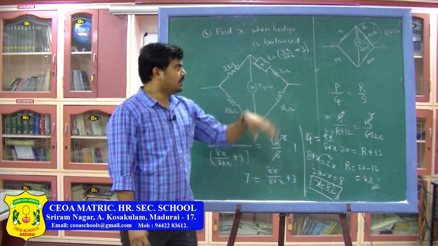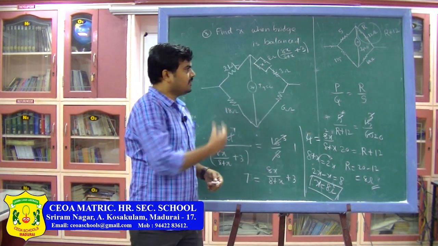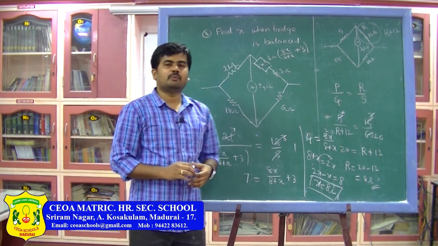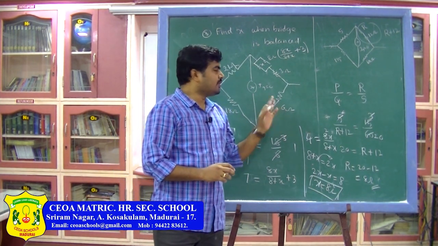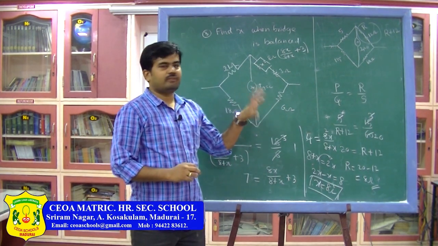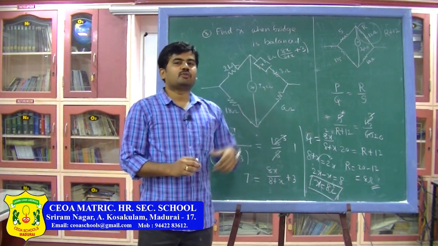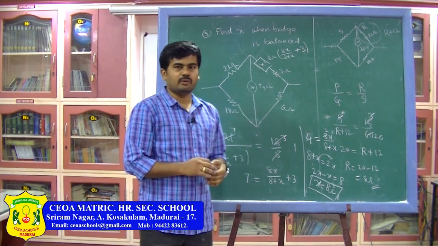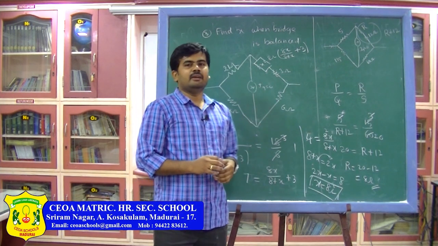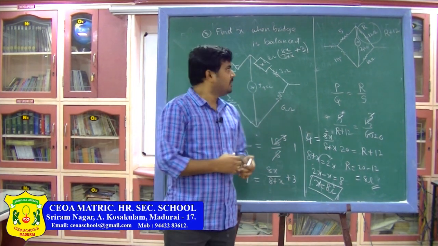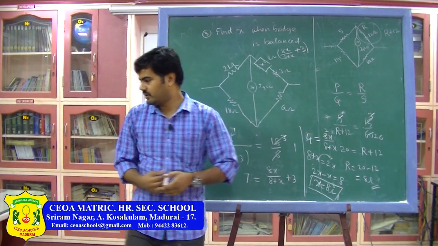So, now let me tell you some other ways of drawing Wheatstone bridge. When you are solving problems related to resistor combinations, you will get different types of circuits where there can be some Wheatstone bridge formations. If you identify that Wheatstone bridge formation in the circuit, you can easily calculate the equivalent resistance of that circuit. So, now let me tell you some other forms of drawing this Wheatstone bridge network.